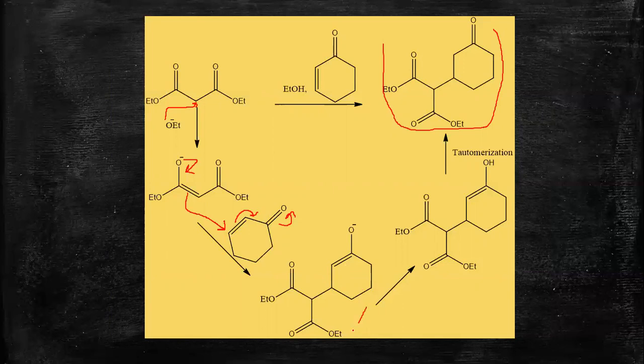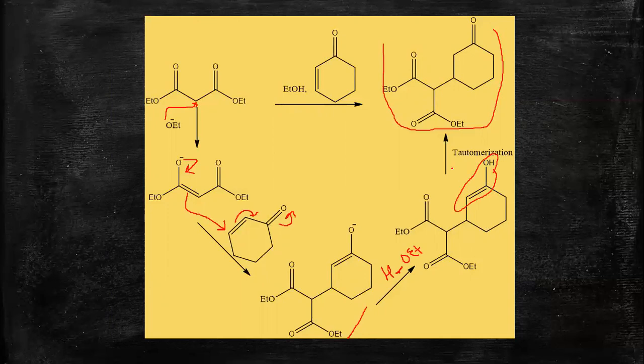This compound, on taking a proton from the protonated base, would convert into this compound in which we have an enol moiety here.